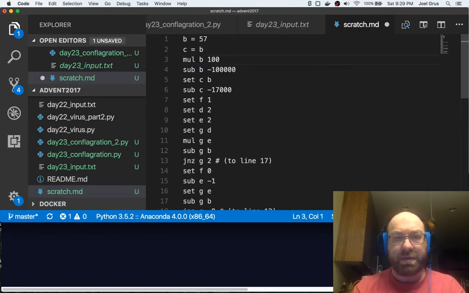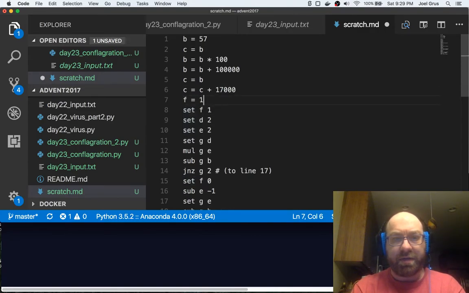So just delete this. B equals B times 100. B equals B plus that. C equals B. C equals C plus 17,000. F equals 1.